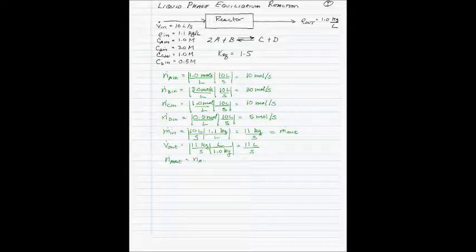Let's do a molar balance for component A around the reactor. Its flow rate leaving the reactor will be equal to its flow rate entering the reactor minus 2 times the reaction extent.